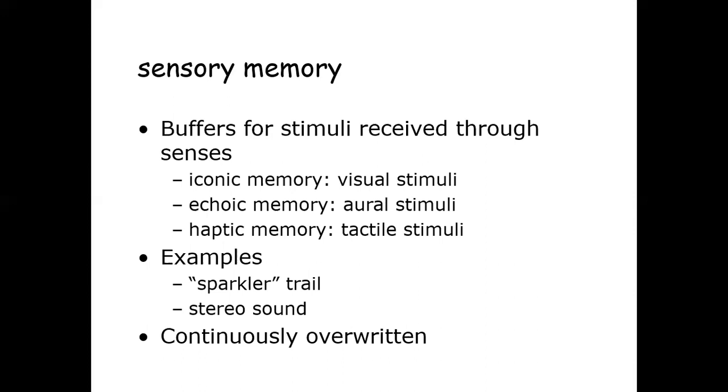Information is passed from sensory memory into short-term memory by attention, thereby filtering the stimuli to only those which are of interest at a given time. Attention is the concentration of the mind on one out of a number of competing stimuli or thoughts.